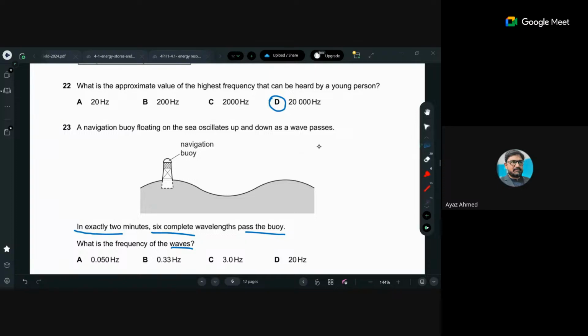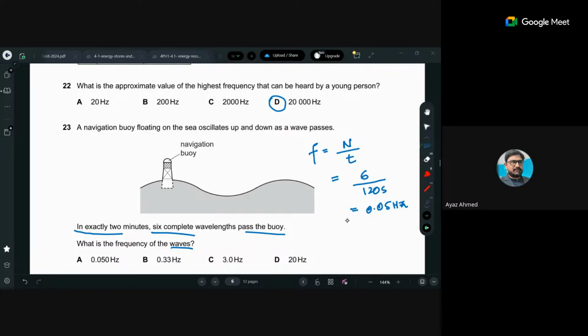First of all, you have to know that frequency is the number of waves per total time. How many waves are there? Six. And what is the time taken? 120 seconds. So the frequency is 0.05. Check with the calculator. 0.05 hertz.